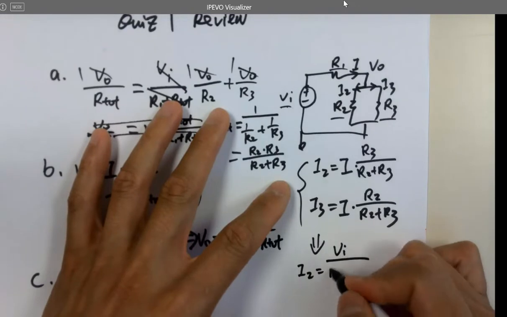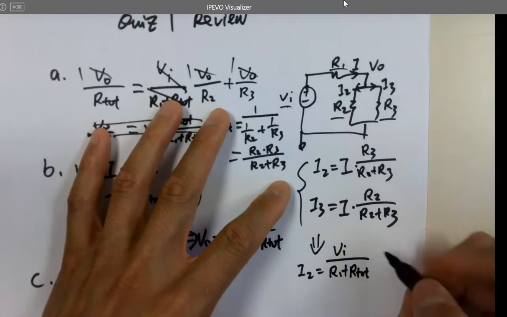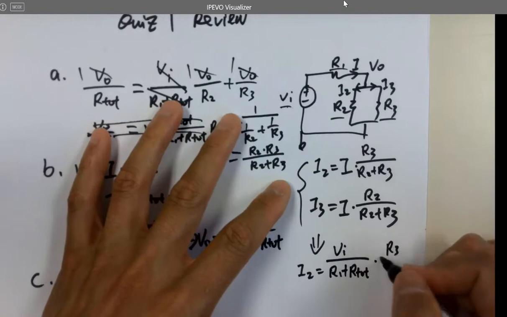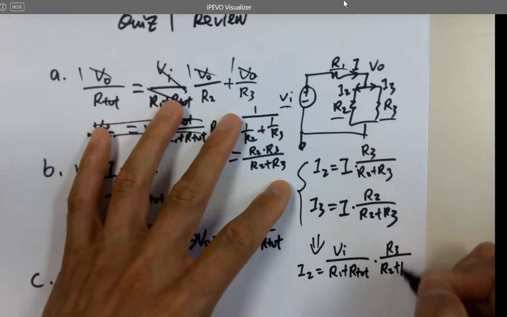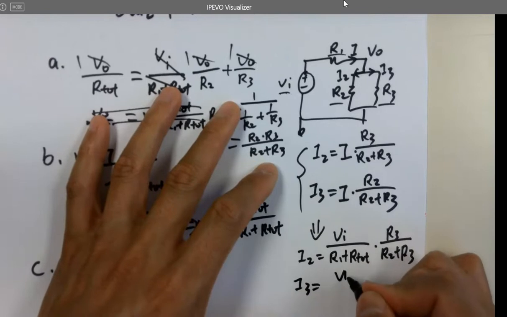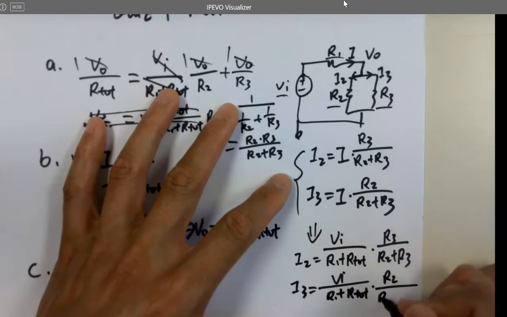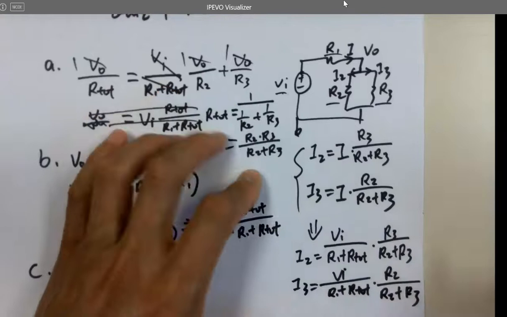R1 plus R total, is that correct? So the overall I times R3 over R2 plus R3. And I3 equals VI over R1 plus R total times R2 over R2 plus R3.